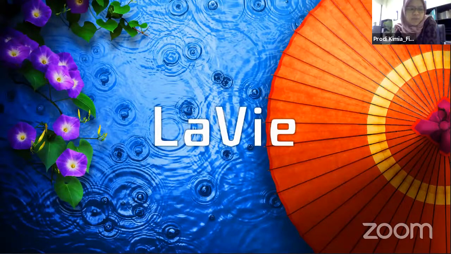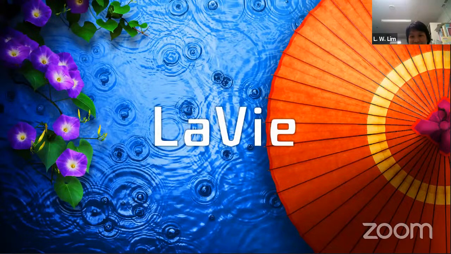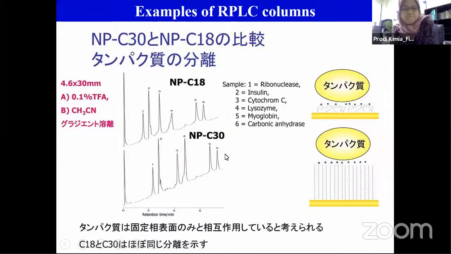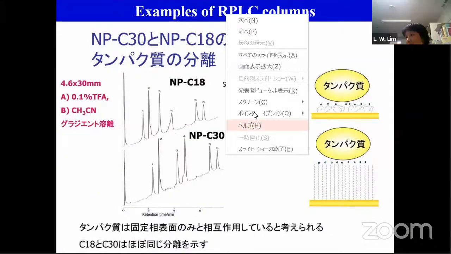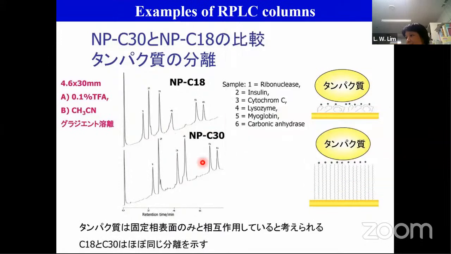The comparison between C18 and C8 and C30. Do you mean the C30 here, or is it the C18?